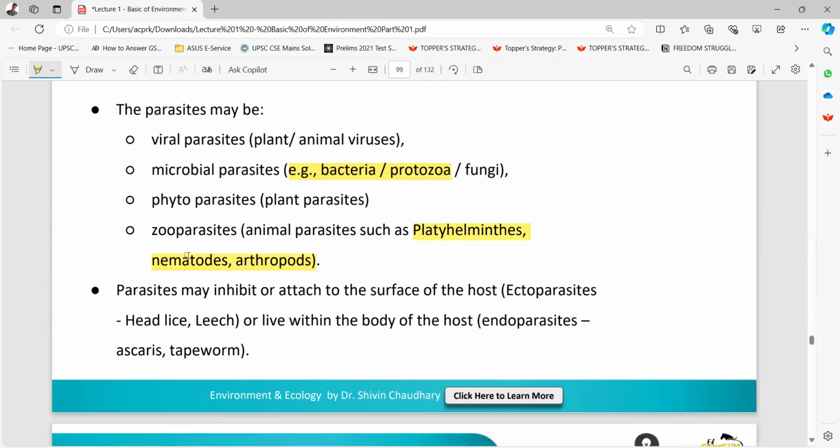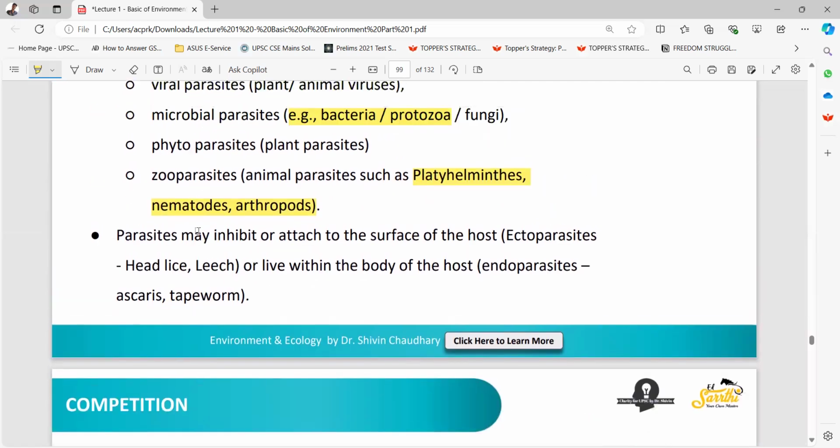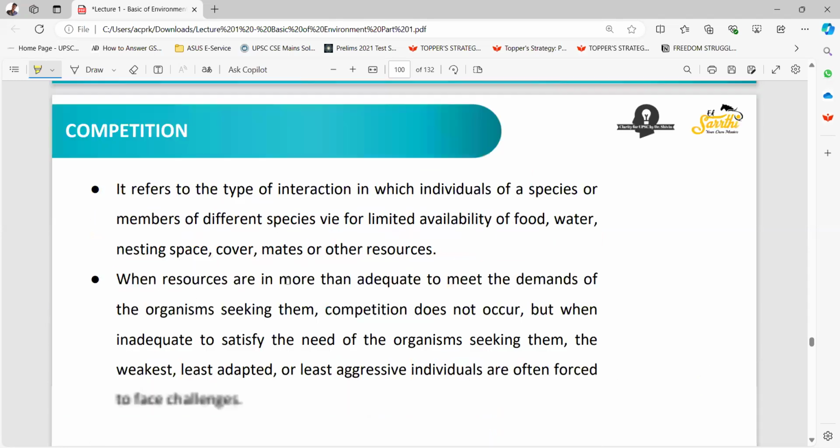Parasites may inhabit or attach to the surface of the host, ectoparasites such as head lice and leech, or live within the body of the host, endoparasites. Ectoparasites are head lice and leech, and endoparasites are Ascaris and tapeworm.